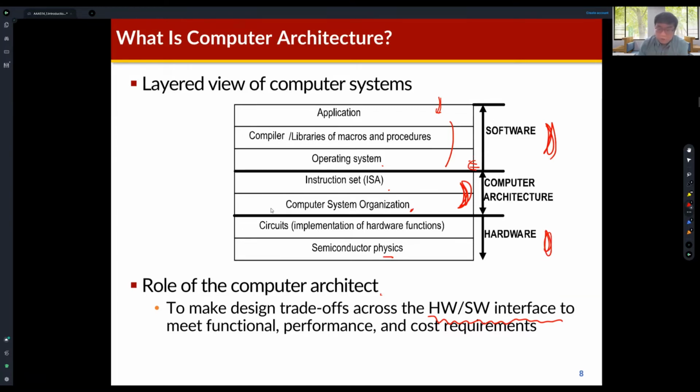So where is computer architecture? It's between software and hardware. We develop better interfaces between software and hardware, focusing on performance and cost. But recently we focus on many different aspects of computer systems.